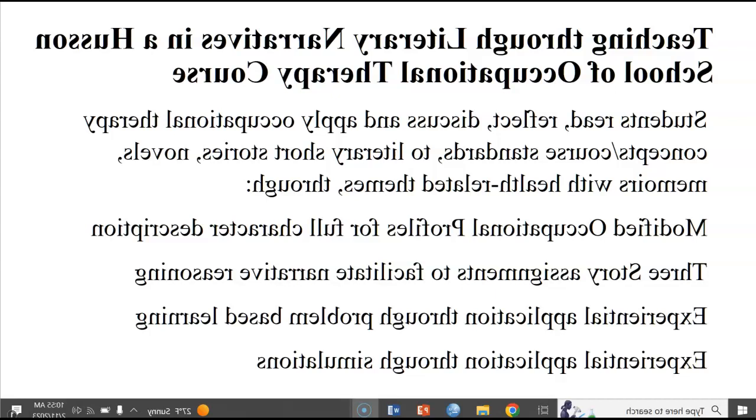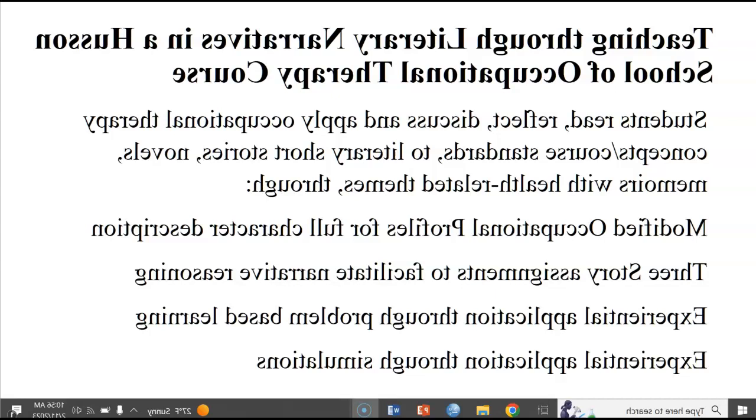What do the students do in my class? They obviously read literary narratives, novels, short stories, memoirs. Some are very brief, some are longer. And they reflect, discuss, and apply that to OT concepts and course standards, and do different activities around the stories, modified occupational profiles to get that full character description, something we call an OT world.